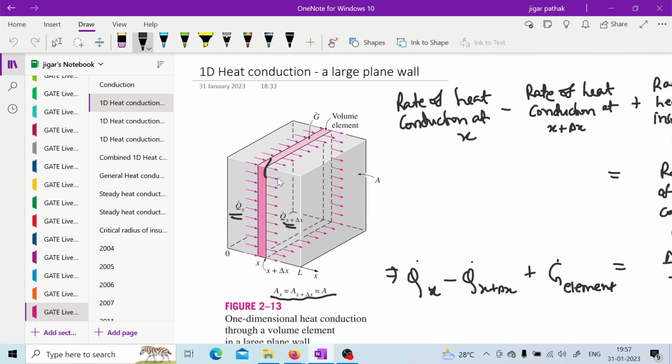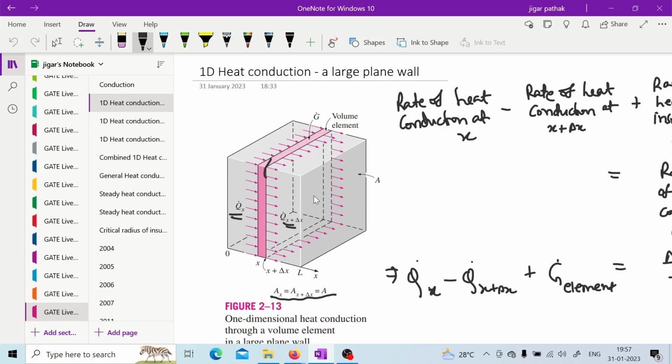As I gave the example, if you have a conductive wire and you are transmitting electric current through it, then if there are different temperatures, heat transfer will take place according to the temperature difference, but at the same time you also need to consider the heat generation within that element, which will be proportional to I square R if it is transmitting this current. Are you getting what I am saying?